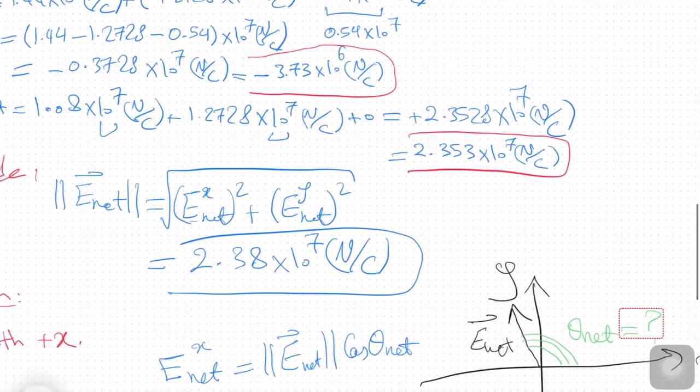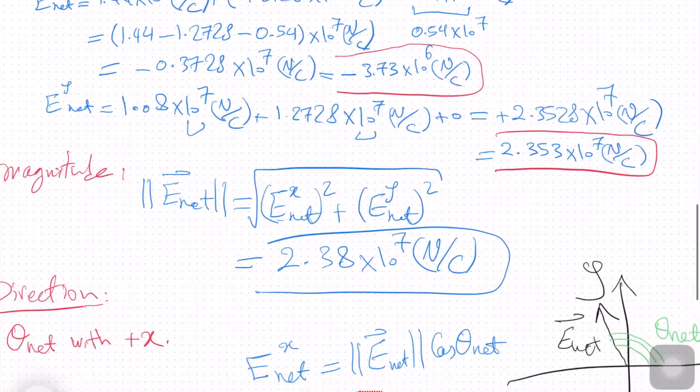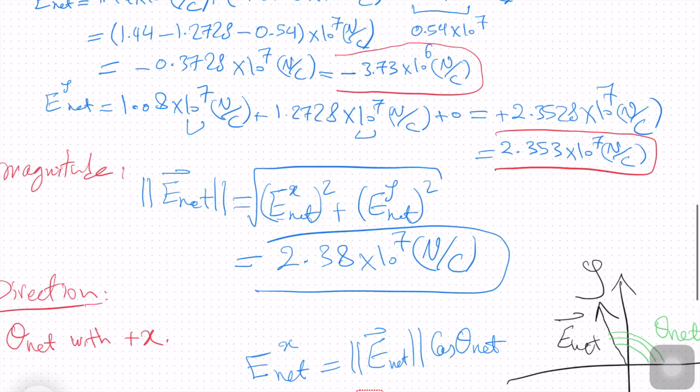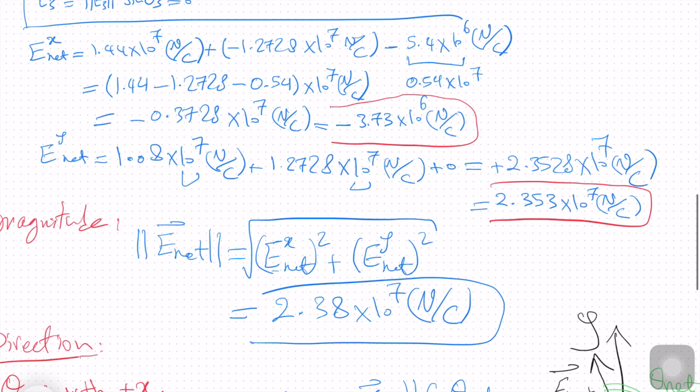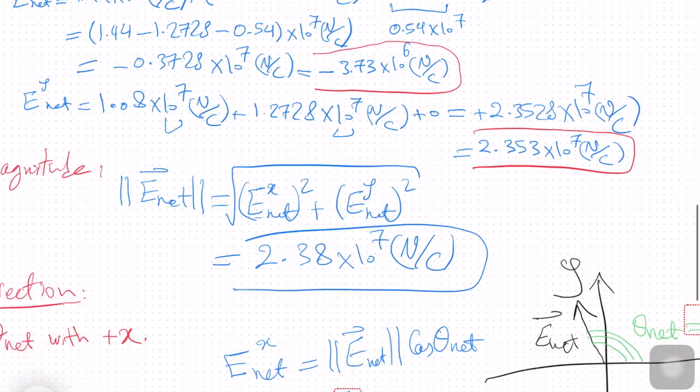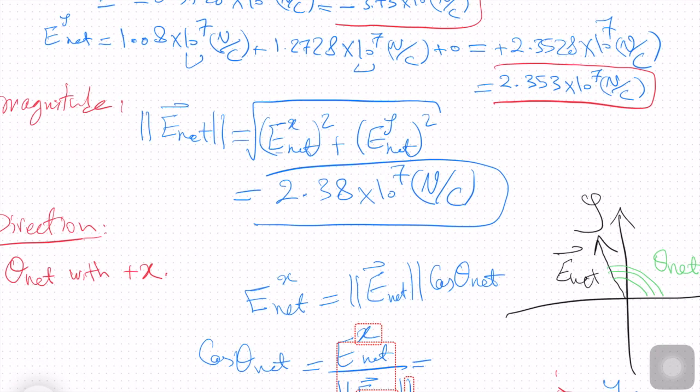Now let's calculate this ratio. So we found the x component to be minus 3.73 times 10 to the 6. The magnitude is 2.38 times 10 to the 7.